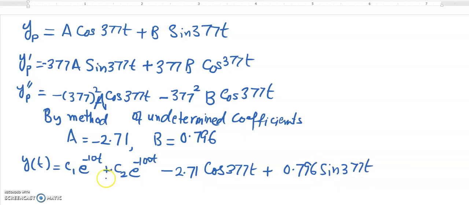These two coefficients C1 and C2 can be found by applying the initial value conditions.